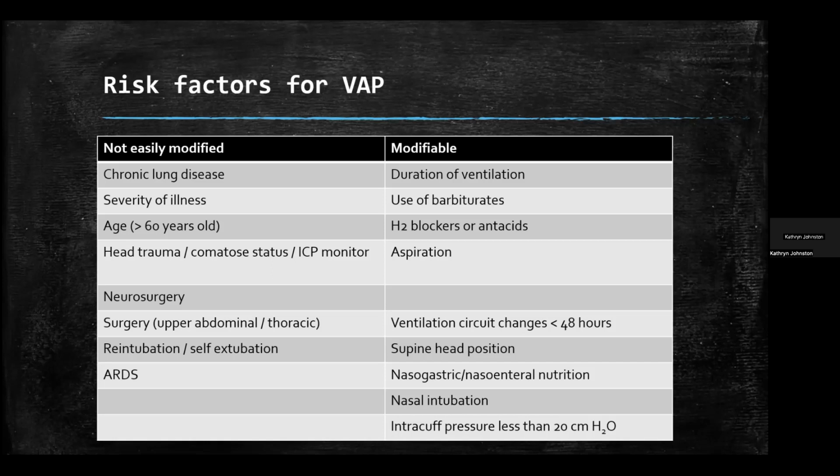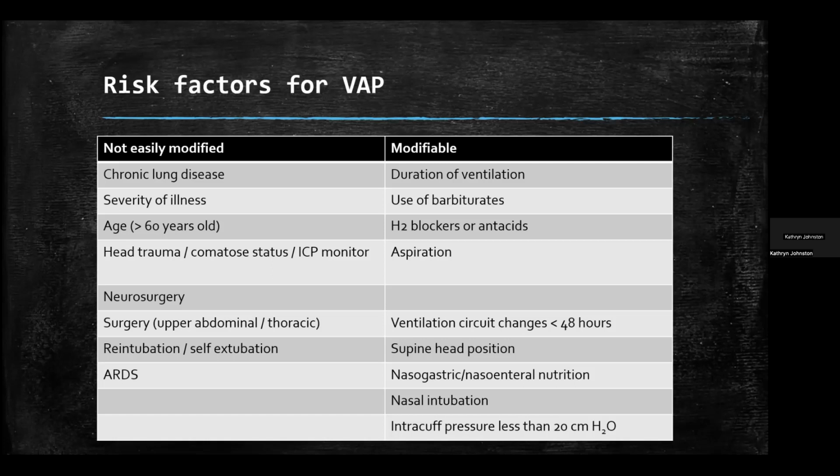And the risks are similar with the head trauma for patients who have had neurosurgery. Any other surgery, especially surgery of the upper abdomen and thoracic surgery, interferes with the respiratory dynamics. Acute respiratory distress syndrome, or ARDS, is actually a complication of mechanical ventilation trauma.